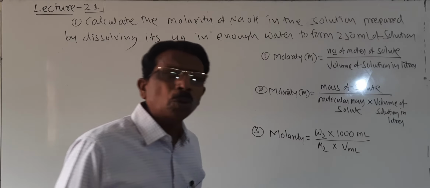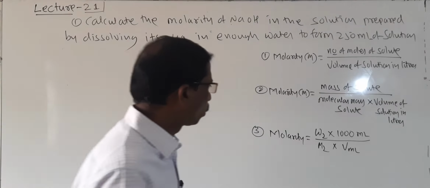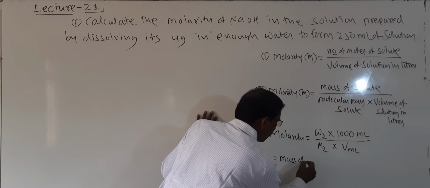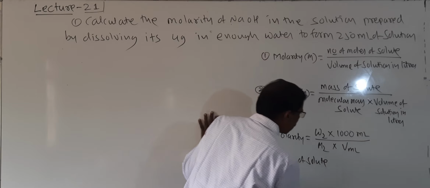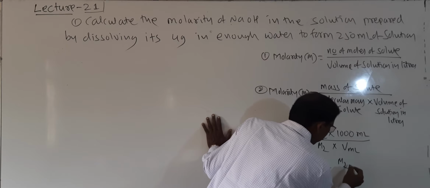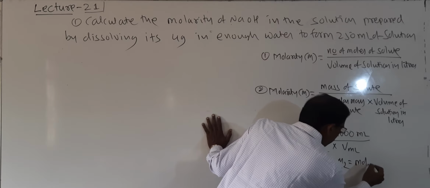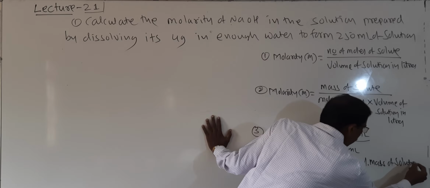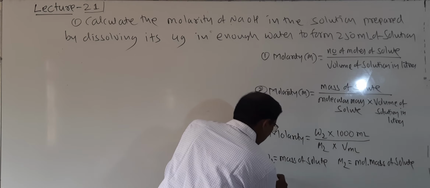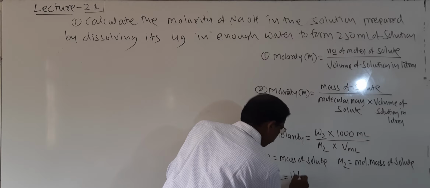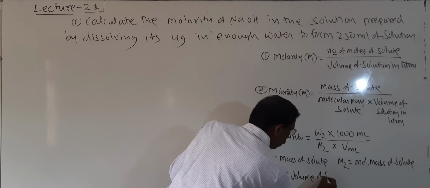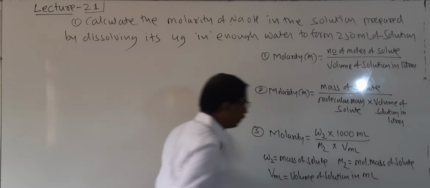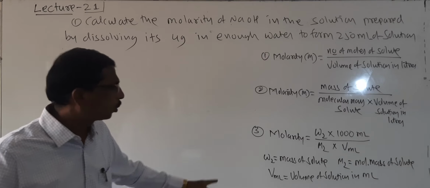Yesterday I wrote W2 is the mass of solute, M2 is the molecular mass of solute, and V mL is the volume of solution in ml.